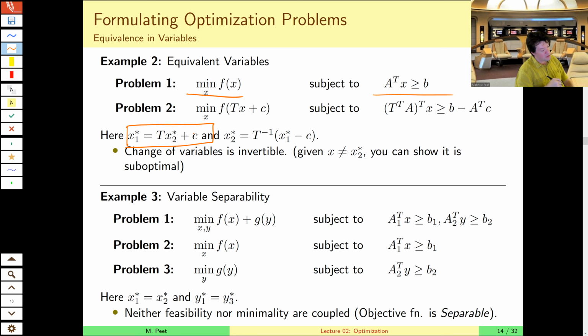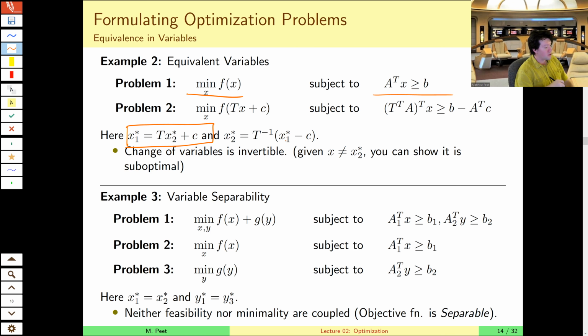And what this allows us to do is convert back and forth between variables for one optimization and the other. Because if x2 equals this, then we just invert the matrix and we can recover x1.